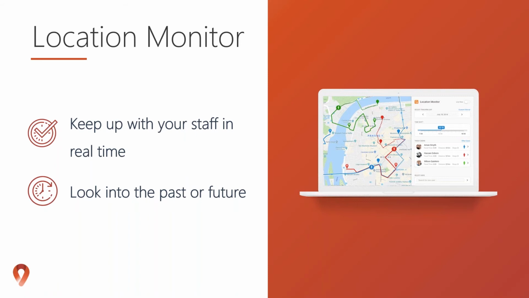The location monitor takes this a bit further, so you can see these movements into the past and into the future. You can see the planned route for the day, but also the historical data, which means you can see the route that has been taken, and you can drill down even further into the data that are stored directly in your CRM, such as location, direction, speed, and time.